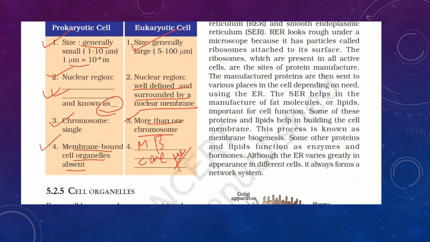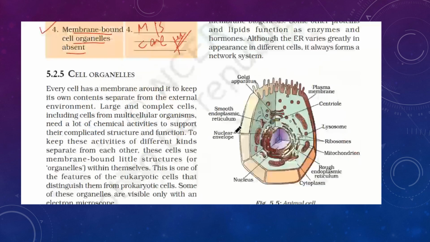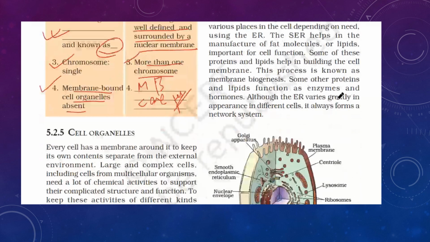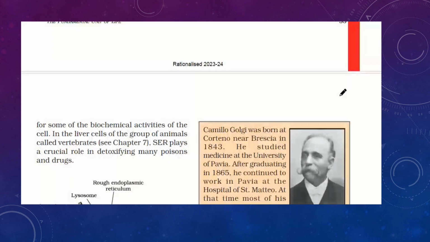Now we will move on to the cell organelles in detail in the next class. We will go through all the things like the endoplasmic reticulum, where we will study smooth endoplasmic reticulum and rough endoplasmic reticulum.